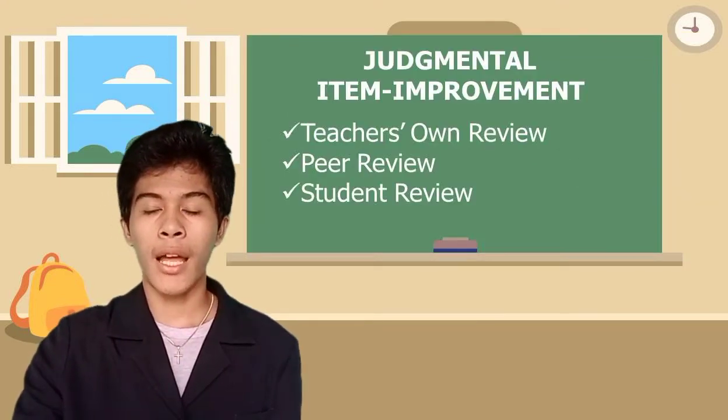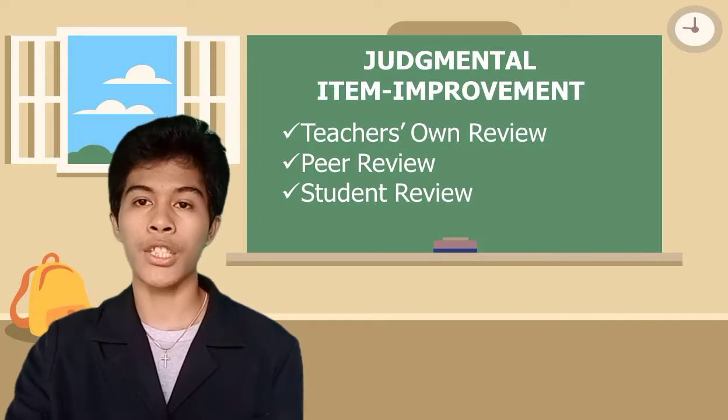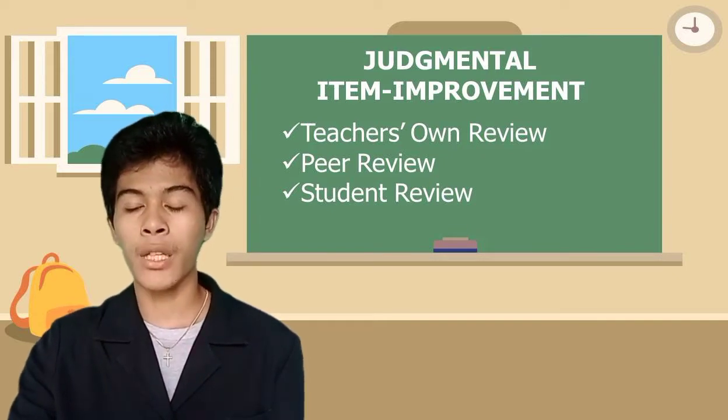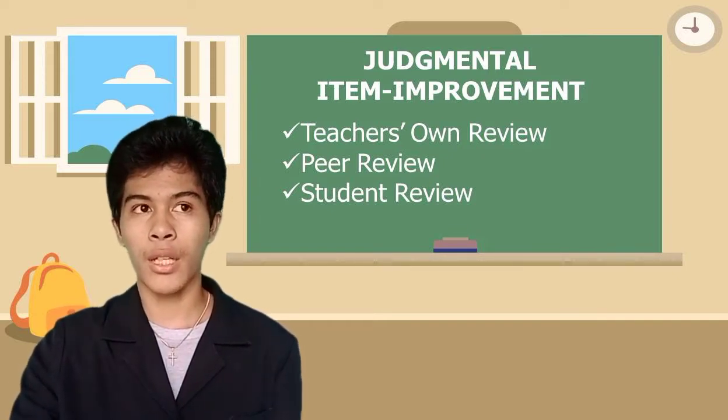Under judgmental item improvement, we have the teacher's own review, peer review, and also the student review. This approach basically makes use of human judgment in reviewing the items. The judges are the teachers themselves, who know exactly what the test is for, the instructional outcomes to be assessed, and the item's level of difficulty appropriate to his or her class.